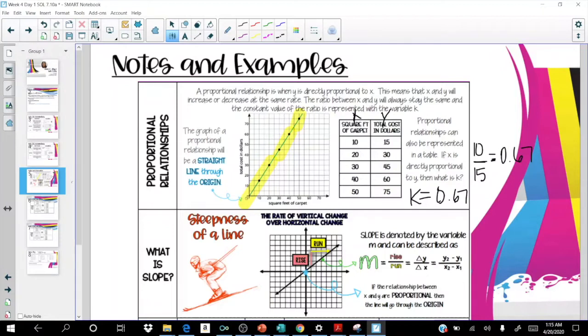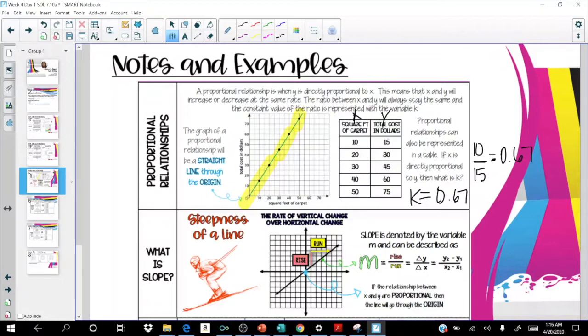So let's move on to what is slope. Slope is the steepness of a line. It describes the rate of vertical change over horizontal change, more commonly known as rise over run. So if you look at the graph, rise represents the pink arrow, your vertical change, and run represents your horizontal change.